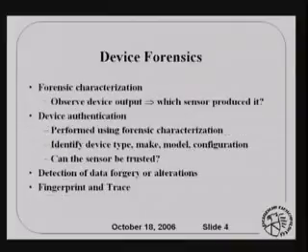Device forensics. By forensic characterization, we mean that given an observation of the device, say an image from a digital camera, we want to know which camera has produced that image, or which scanner has scanned that document, and things like that. This forensic characterization helps us to authenticate the devices and find out the make, model, and configuration of the devices that produced the data.